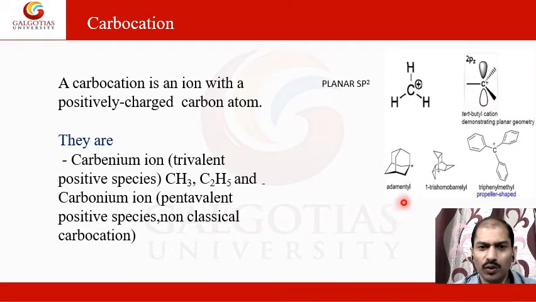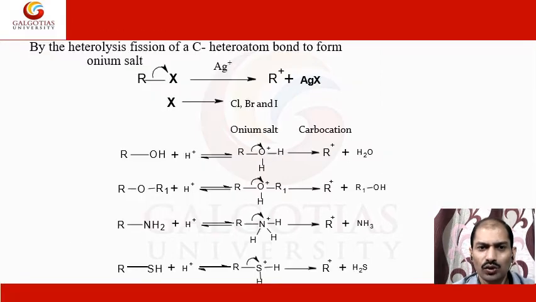There are many more examples which show how the carbocation is formed. These have a very great importance during the course of a reaction. There are a number of techniques for their formation. From alkyl halides, you can synthesize the carbocation.